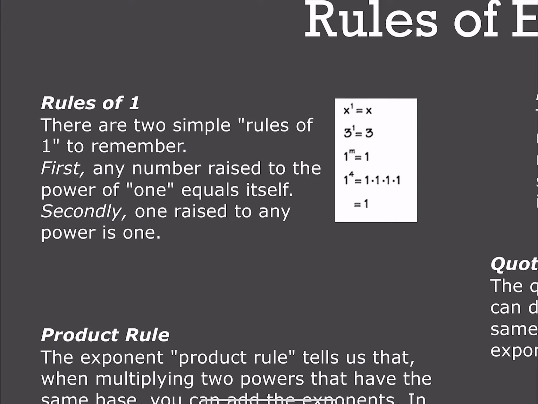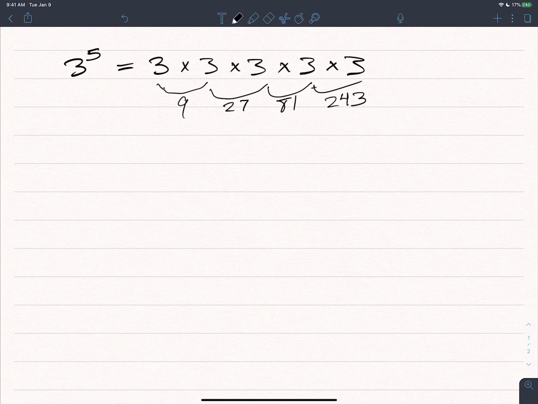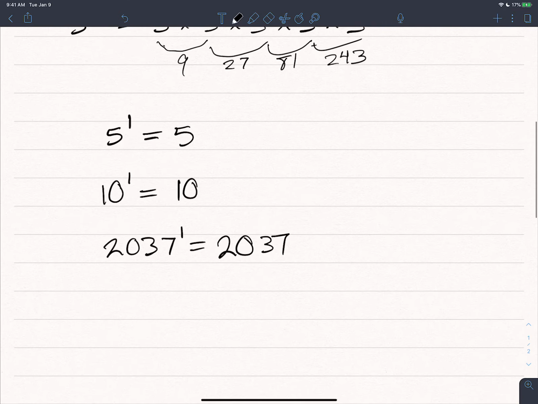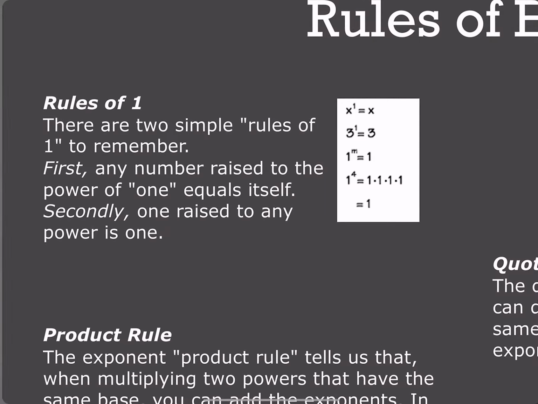For example, 5 to the first power equals 5. 10 to the first power equals 10. 2037 to the first power equals 2037. So any number you raise to the first power equals itself.